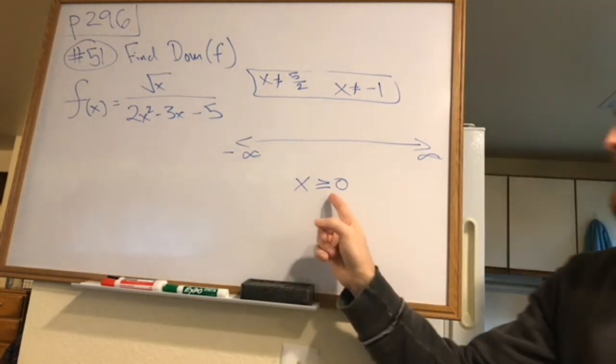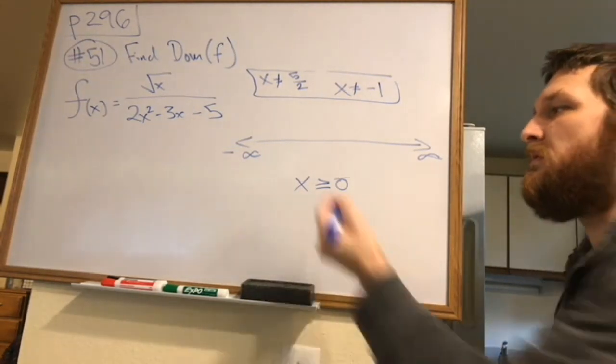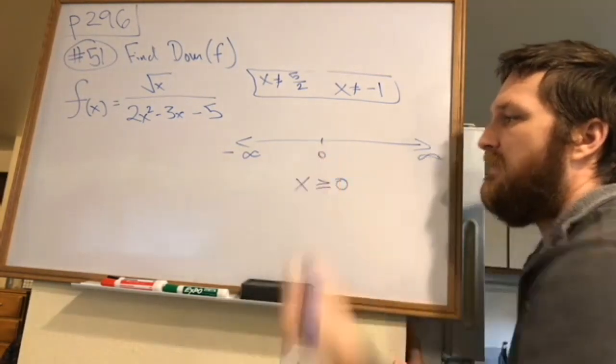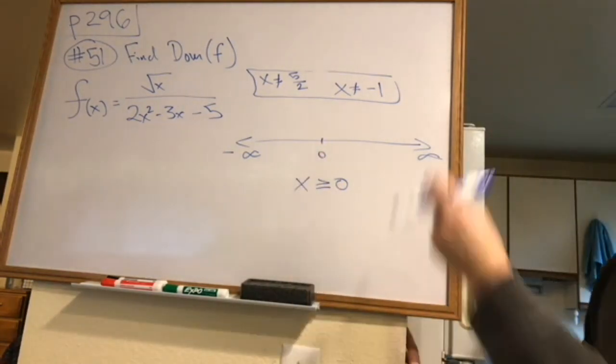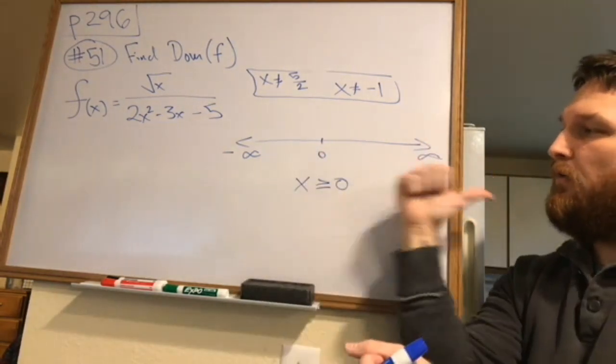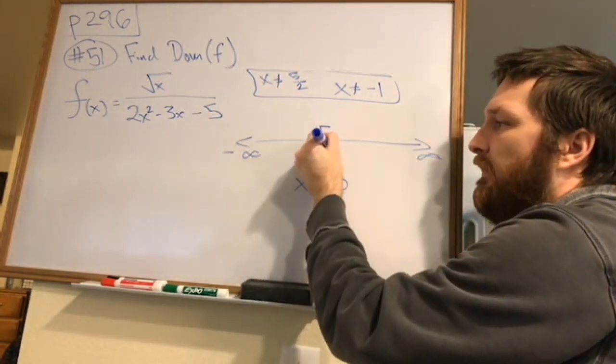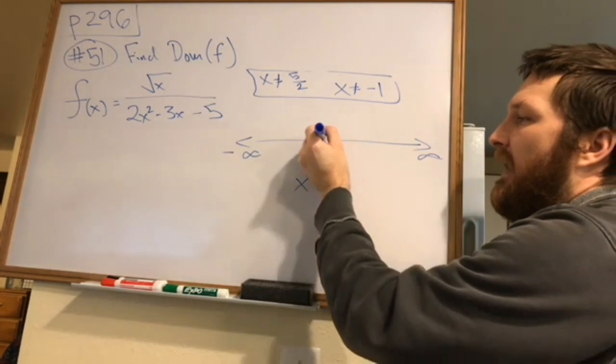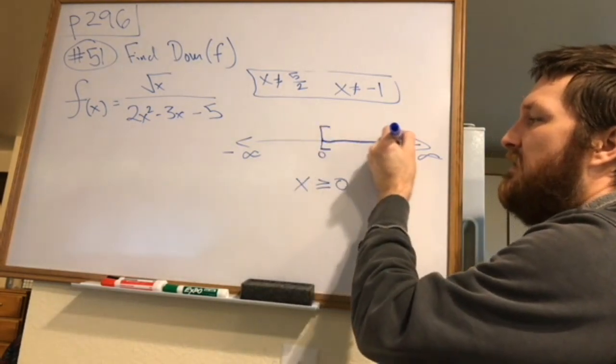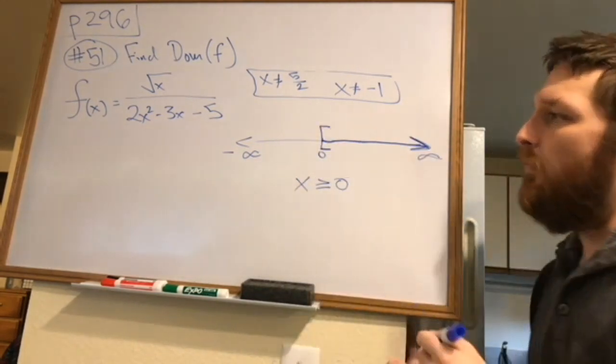Since x has to be bigger than or equal to 0, I'm going to put my 0 here, and make an interval this way, and say, okay, everything that's bigger. And so these are all allowable inputs.